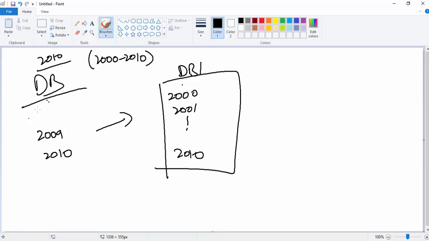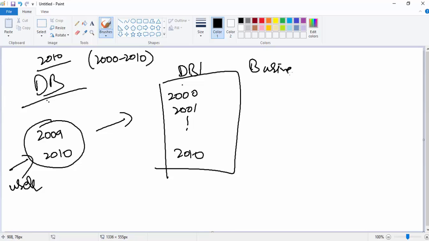Now the users who are updating the data will update this database, and the business users who want to see the history will get the data from DB1.